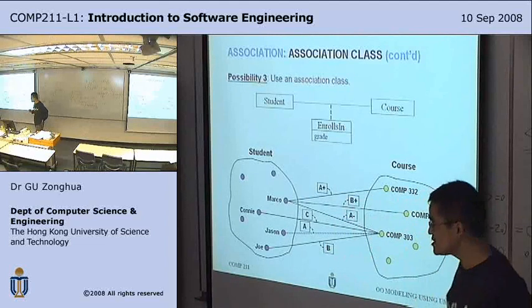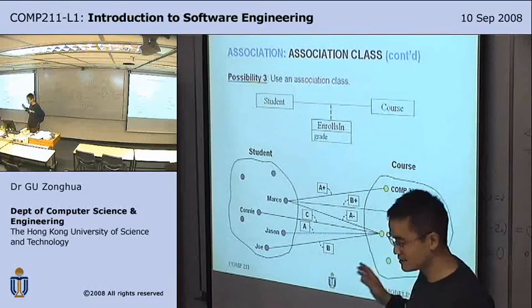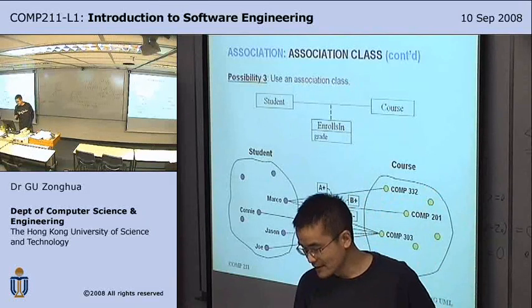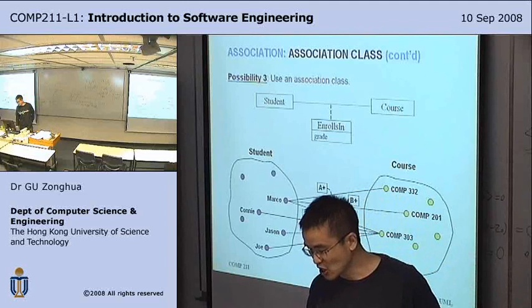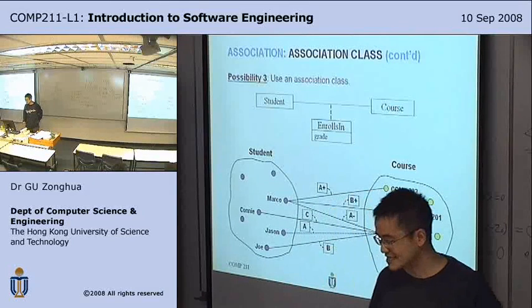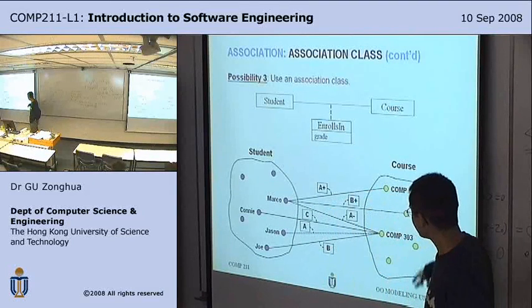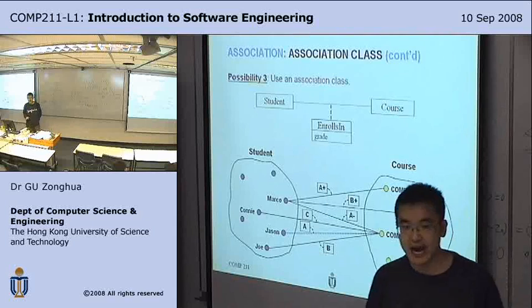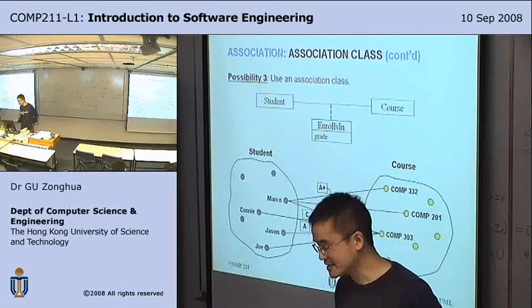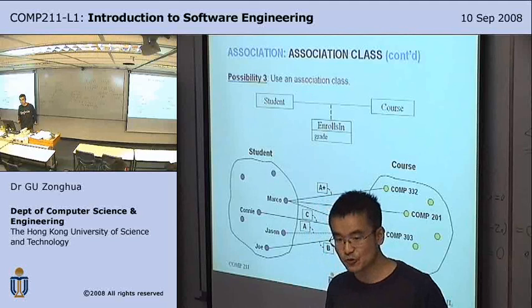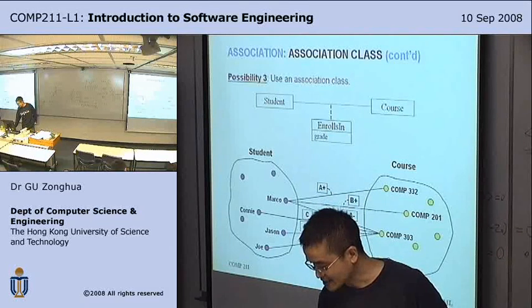Then the benefit, of course, is that it allows you to have an attribute grade in the association class, so you can place the grades for each student-course pair. Which is much more reasonable than placing the grade into either the student or the course classes.